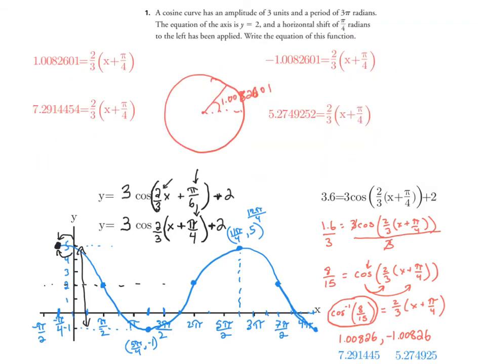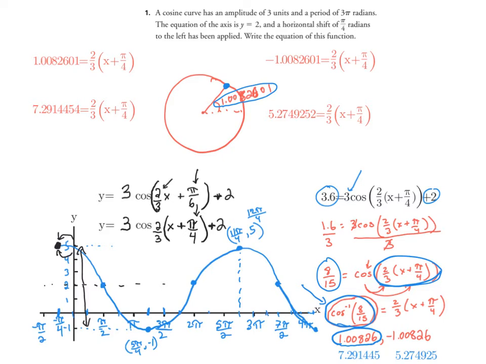Now just a bit of a recap here. What we did was we took 3.6, right? We subtracted 2, we divided by 3, and we got 8/15 is equal to the cos of all of this garbage, right? Then we did the cos inverse, and as soon as we did the cos inverse, we ended up with an answer of 1.00826, but we recognize the fact that that is this angle right here, 1.0082601, right?